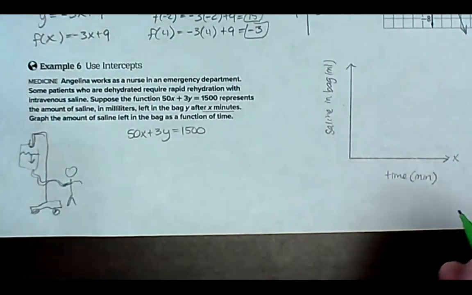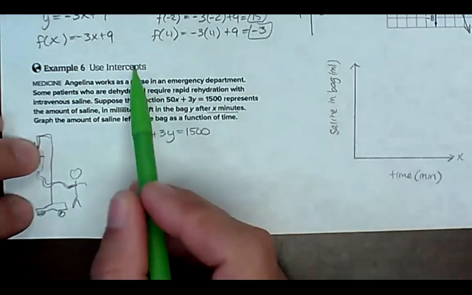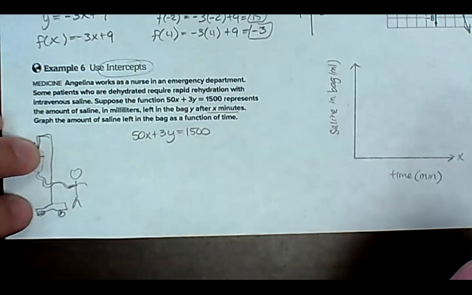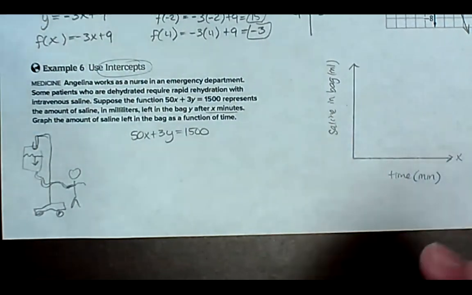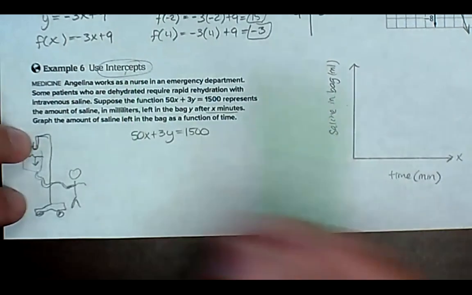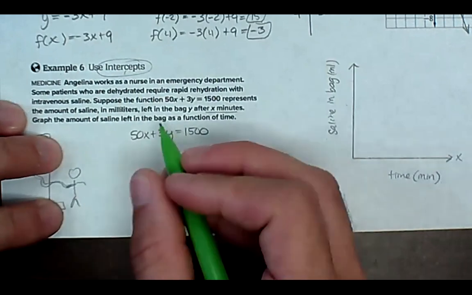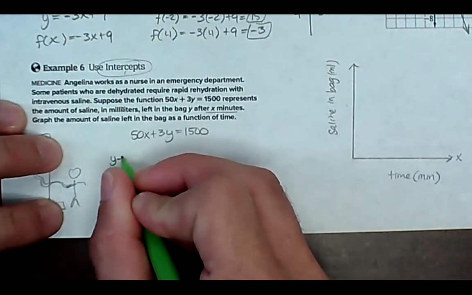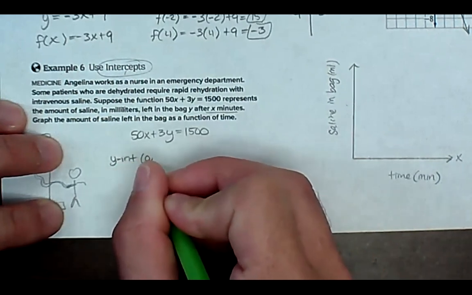So I think finding the intercepts would be the easiest way for this one. Look what it says here, use the intercepts, but you do have the ability to choose whatever you want if this was not given to you. All right, so let's go ahead and do it. To find the y-intercept, I don't know why I started with this one, it doesn't matter. To find the y-intercept, I will make my x 0.